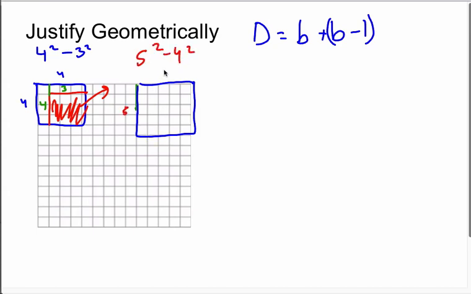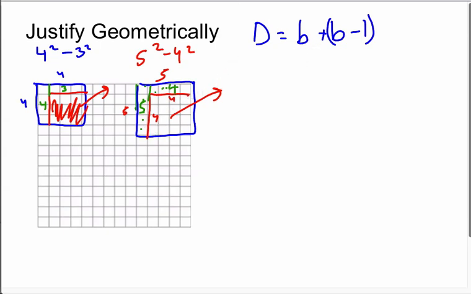So this is 5 by 5. And here we have a 4 by 4 square that I'm going to subtract. Okay, and then we're left with these squares in green. There's 5 and there's 4 over here. So that's 5 and that's 4. So if I have 5 squared minus 4 squared, I get 5 plus 4 left over. Okay, so that's how it works.